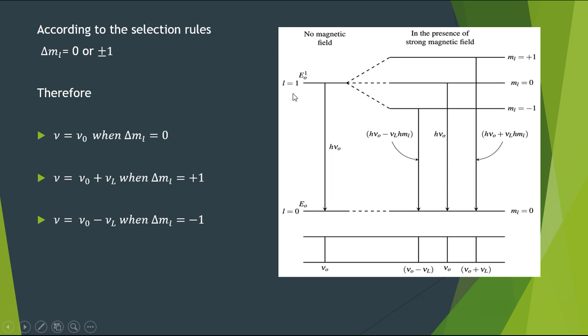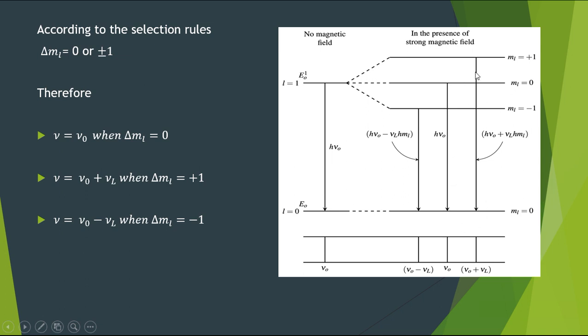But the energy level corresponding to L is equal to 1 splits into 3 sub-levels because for L is equal to 1, ml can take 3 different values: ml is equal to plus 1, ml is equal to 0 and ml is equal to minus 1.